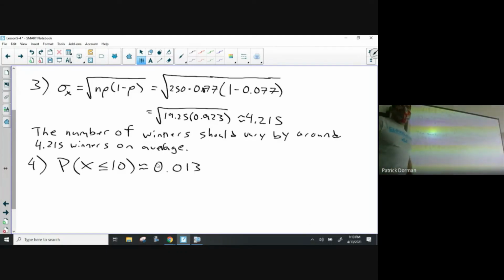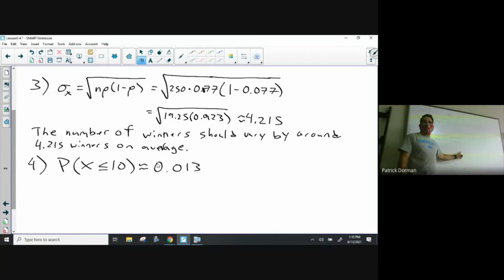Around a 1% chance that out of 250 people that play this game, you get 10 or less that win. And you can imagine, as this number gets bigger, the probability is going to get really small too.